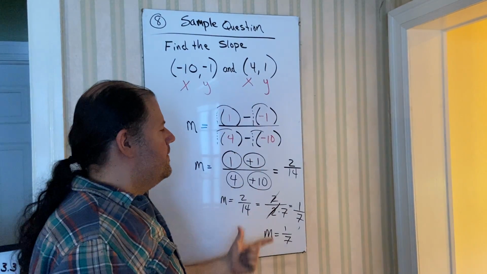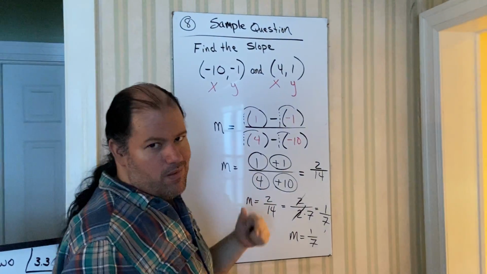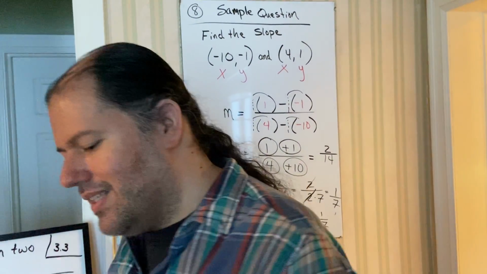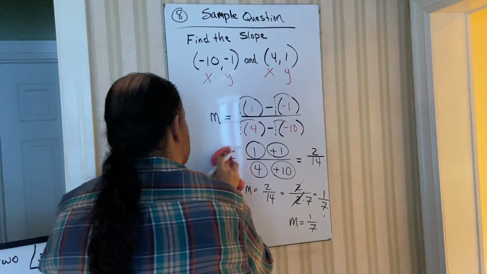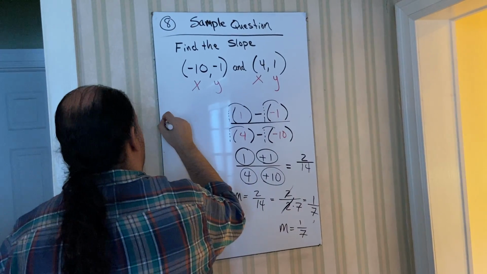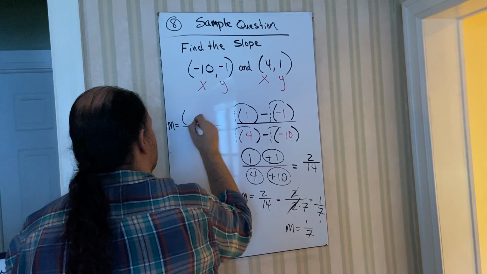Now I did what the book wanted you to do, was to take y2 minus y1, and you had to remember that direction. I'm telling you, you don't have to do it that way. So I'm going to just erase this a little bit, just so that I can have some space. I'm going to use my bare bones formula again on this side.